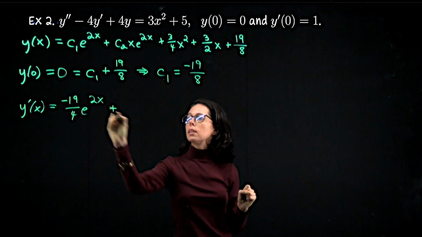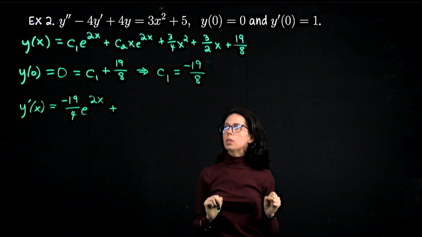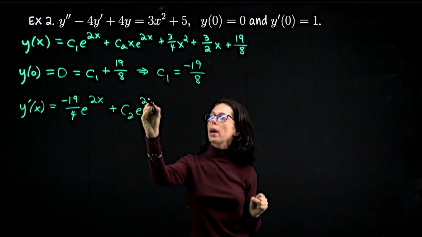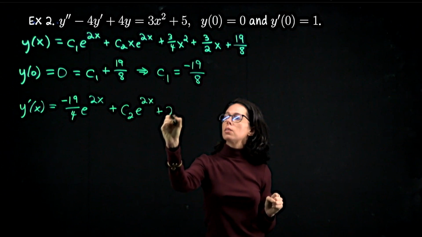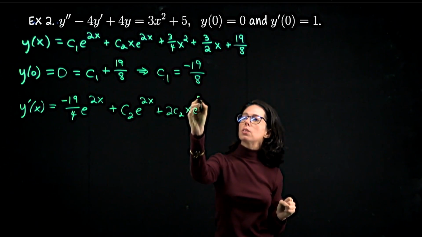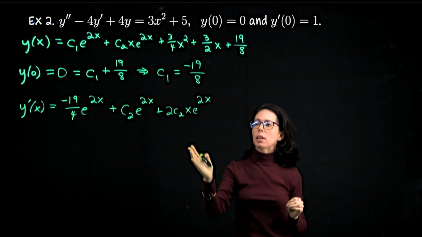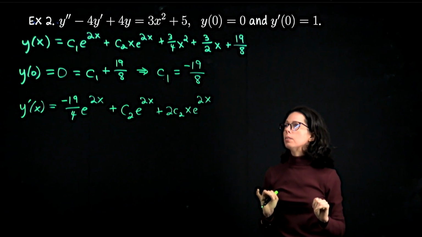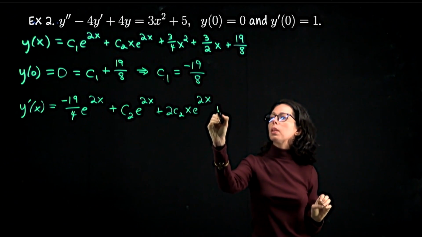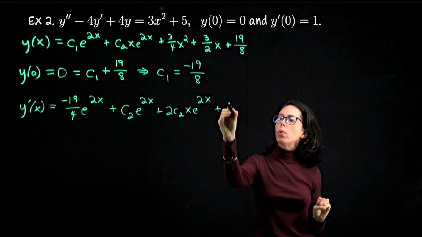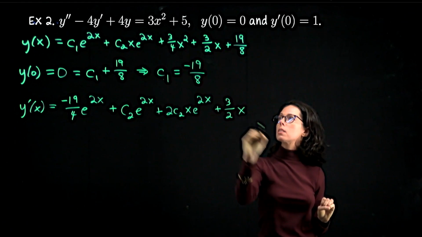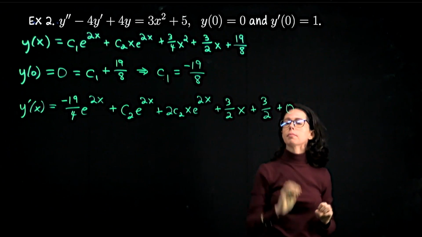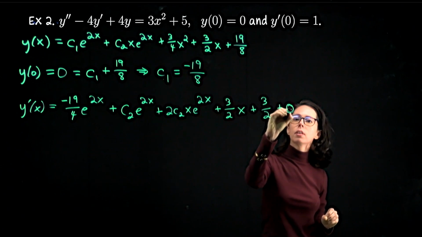Differentiating the next term, we need to use the product rule. Differentiate the first part, you get C2 e to the 2x, and then plus 2C2x e to the 2x. You might already be anticipating that this term is going to vanish because of the x, but let me just be complete and write it down. Then we will have plus 2 times 3/4, so 3/2 x, plus 3/2 plus 0. Okay, so that's the first derivative.